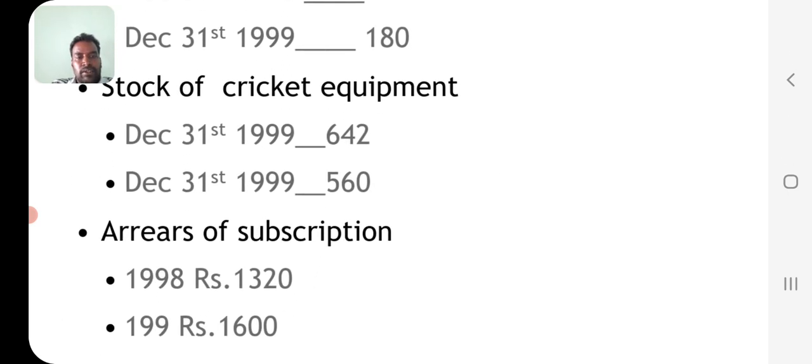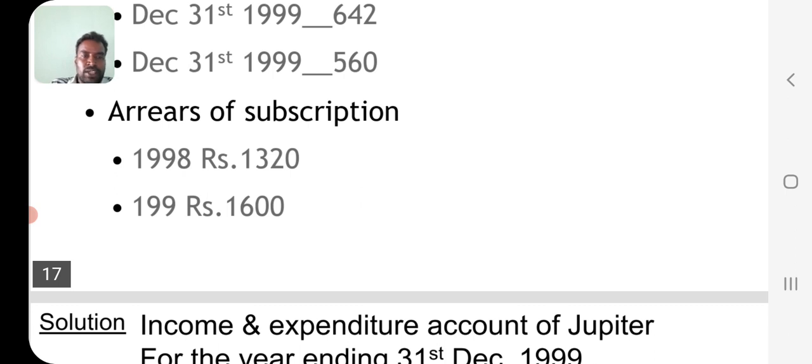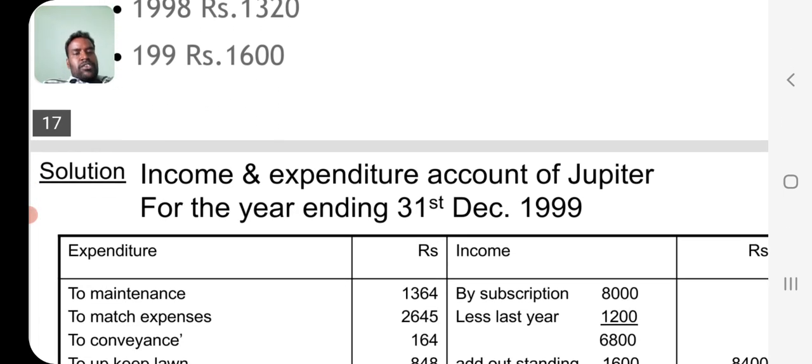Cricket equipment on December 31st 99, 560, and 642 will be added. Arrears of subscription 1320 is used in the new balance sheet; 1999, 1600 should be posted in the closing balance sheet.